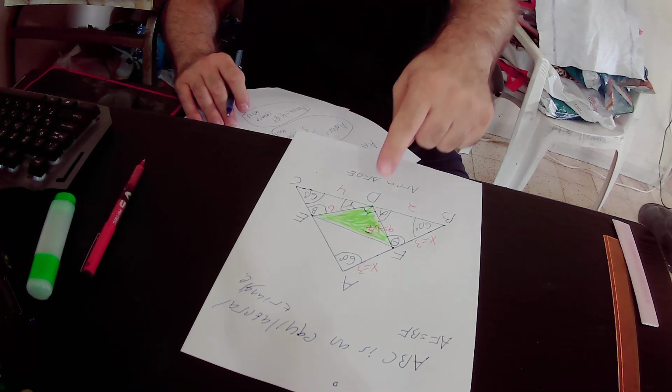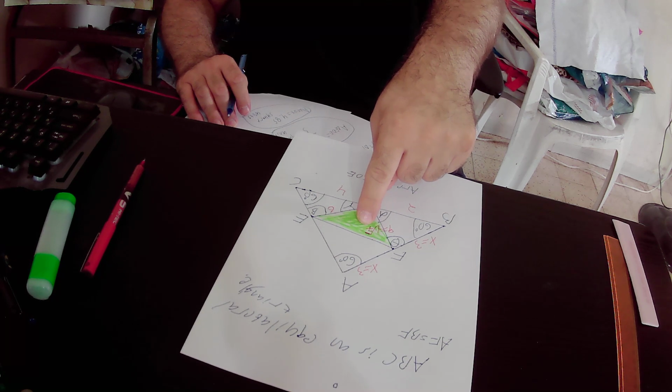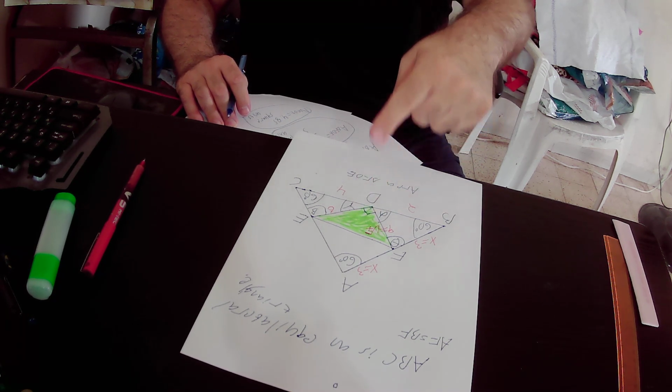So the area of this green triangle equals 4.85 square units.